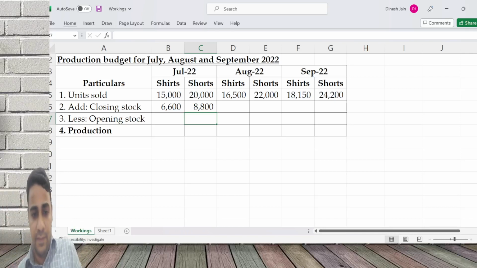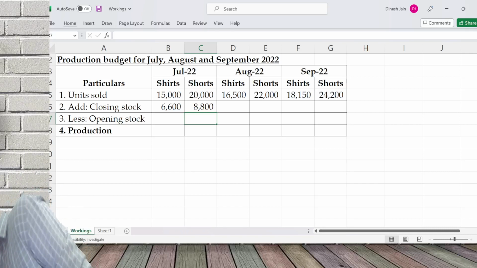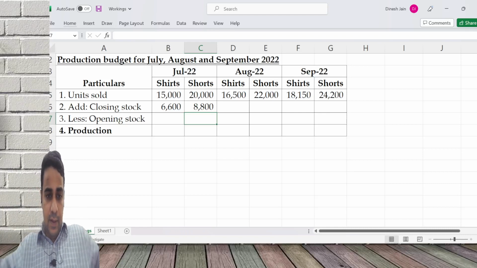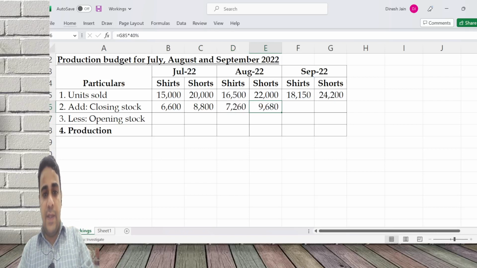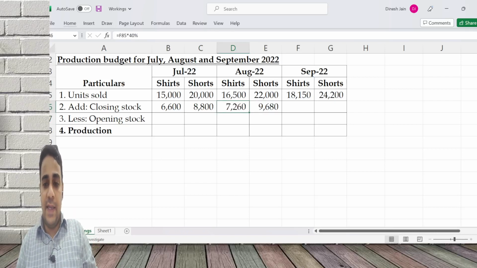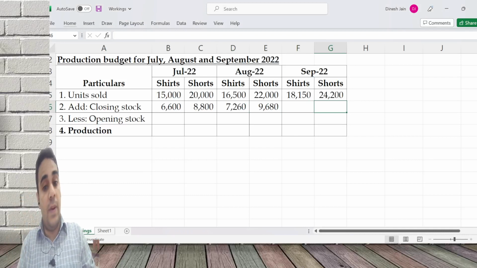August closing stock is basically 40% of September sales. September is again 40% of next month sales, so I'll need October sales.